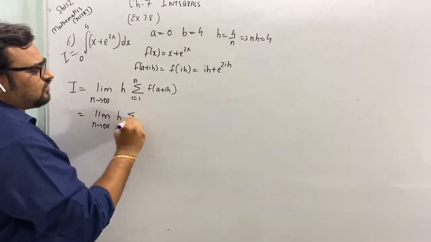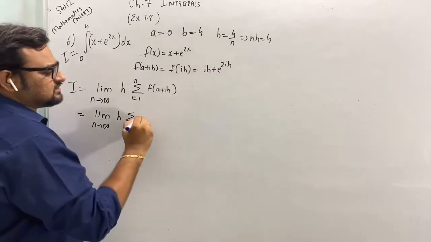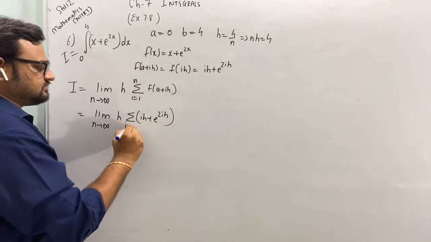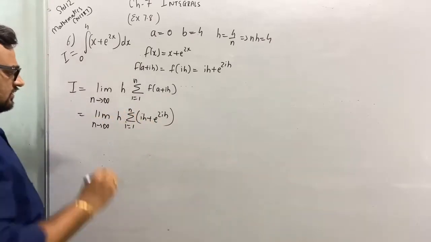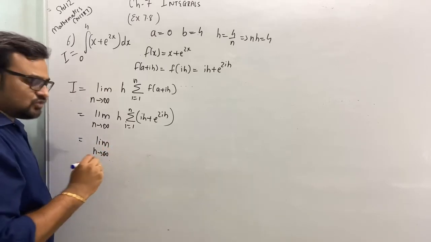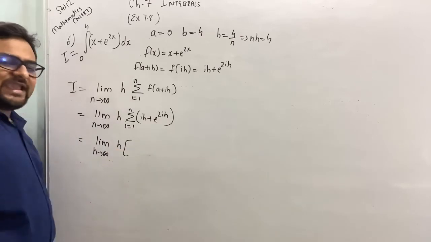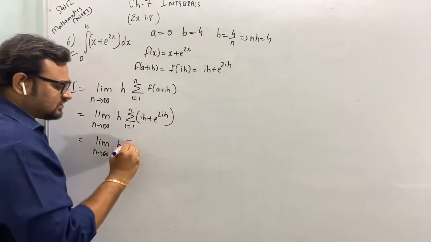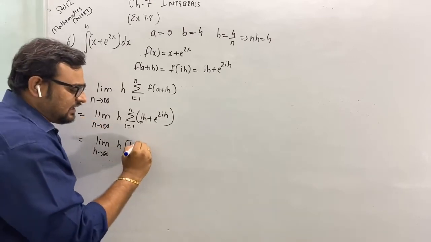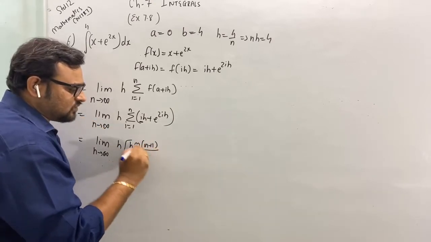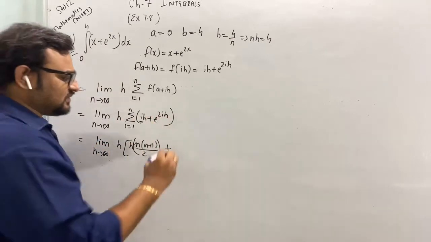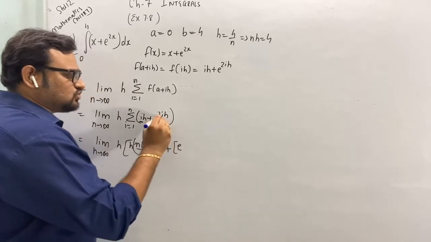Now what is f of a plus ih? ih plus e raised to 2ih. Clear? So this will be equal to limit n tends to infinity, ih. Okay, so h is constant. Integrate summation of i, which is n(n plus 1) by 2, plus e raised to 2ih.